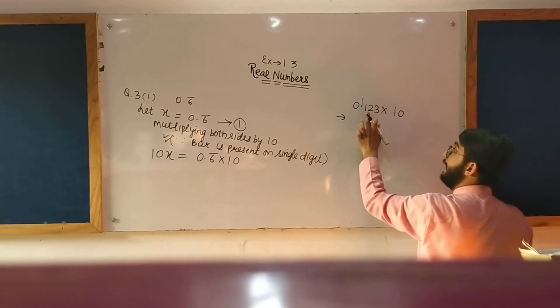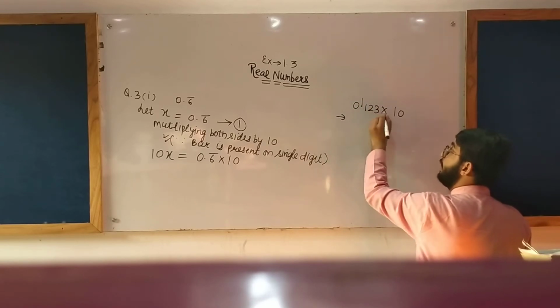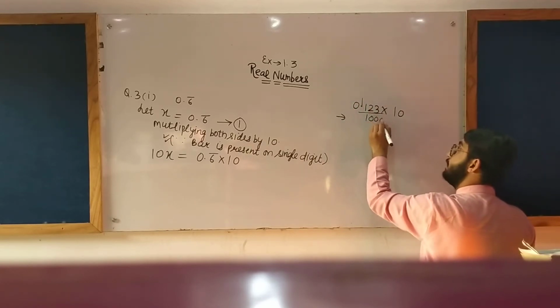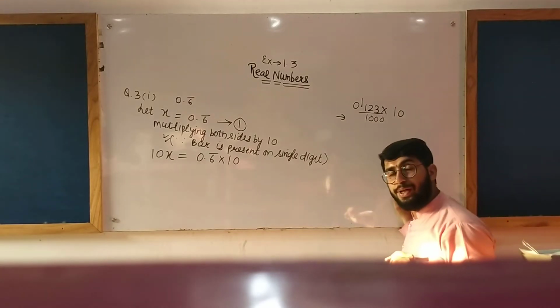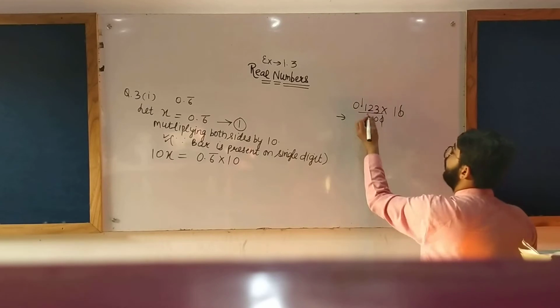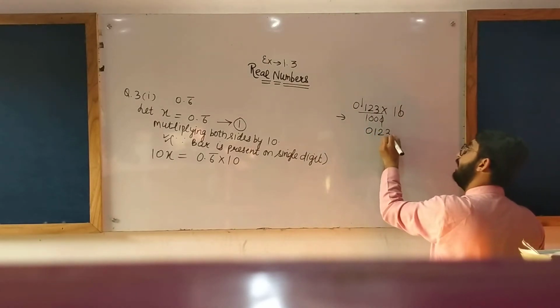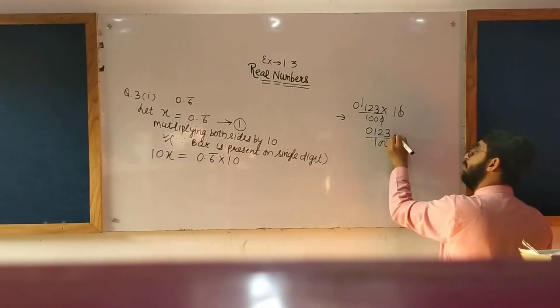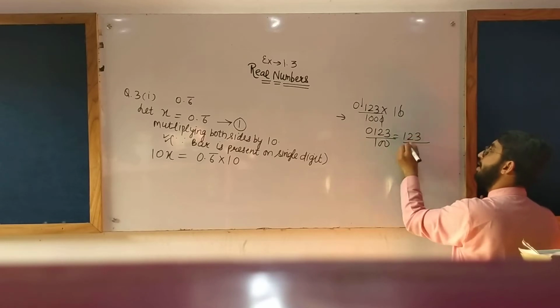Remove the point; as there are 1, 2, 3 digits after the decimal, there will be 1000 in the denominator. One 0 gets cancelled, so it will be 123 over 100, or simply 123 by 100.